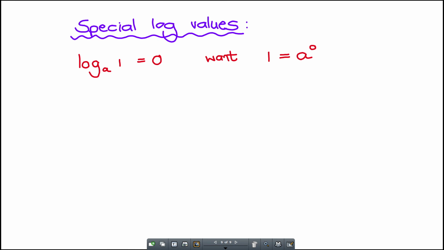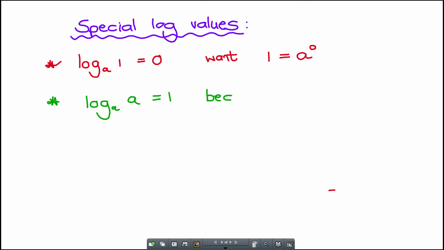Also, if that small one at the bottom is the same as the number next to log, then it will be 1.